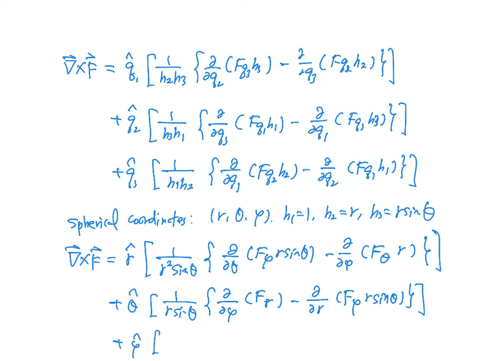H1, H2 is 1 over R, partial R, partial F theta R minus partial theta, partial F R. That's it.